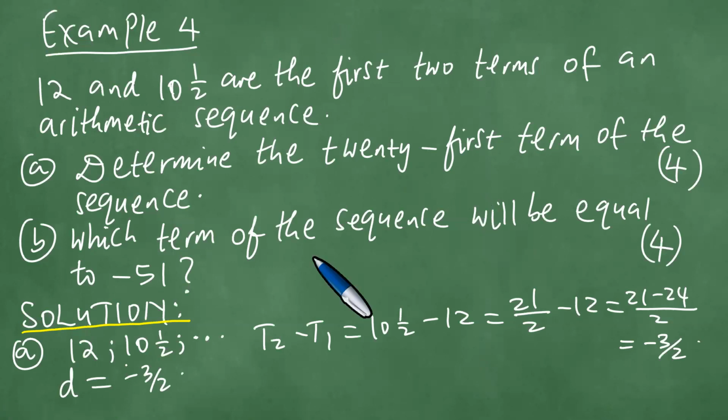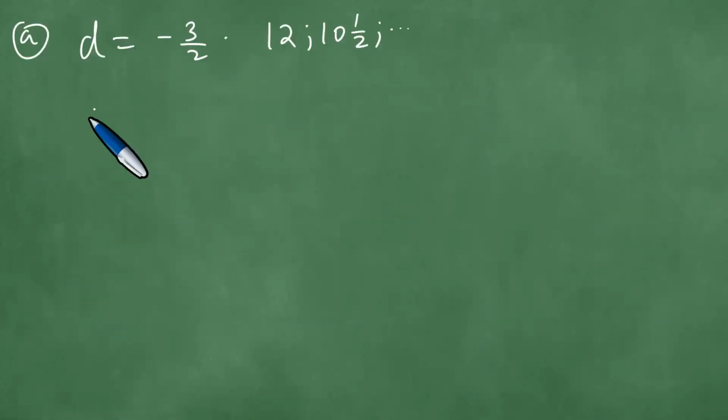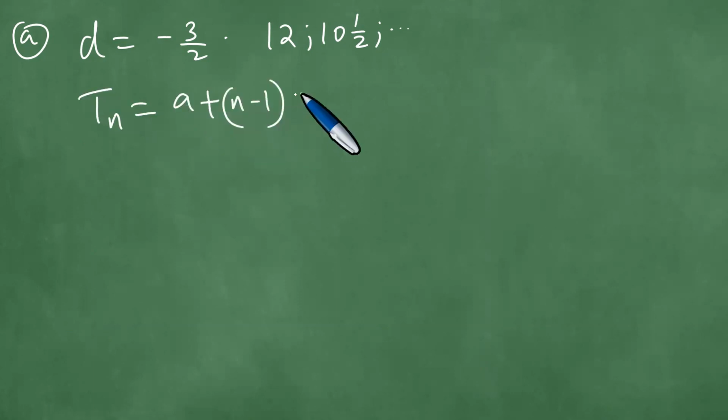Determine the 21st term of the sequence, which means Tn equals... we are looking for the 21st term. That 21st term is term 21.